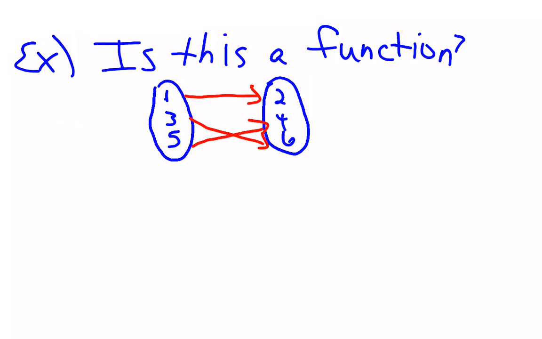We want to make sure that by looking at the arrows, not one x number has multiple y numbers. So the 1 only has one arrow, it relates to 2. The 3 only has one number, it relates to 6, and 5 only has one number, it relates to 4. So since each x only has one y value, this would be a function. We would say, yes, it is.